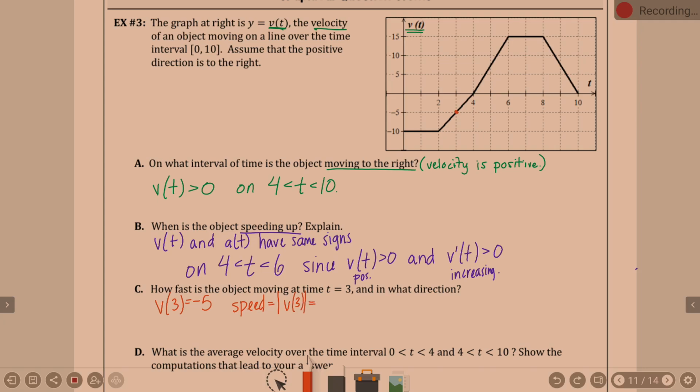And so the absolute value of that velocity is going to be 5. And then it is moving left since v of 3 was less than 0, or in other words, negative.